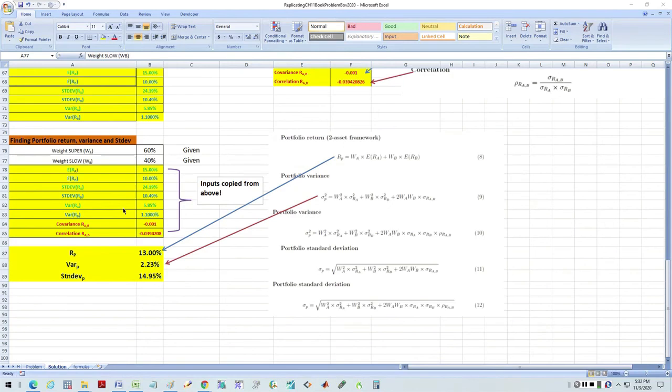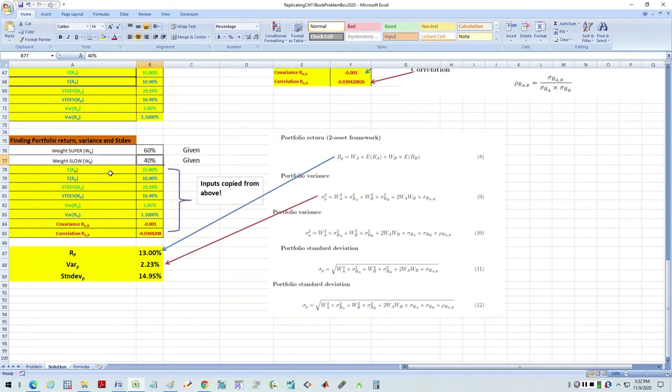So what we need to do right now is to calculate the portfolio return, variance, and standard deviation of a portfolio comprised of SuperTech and Slowpoke. So the weights are as follows: 60% for SuperTech and 40% for Slowpoke, W of A and W of B, and they're already given to us in the problem.